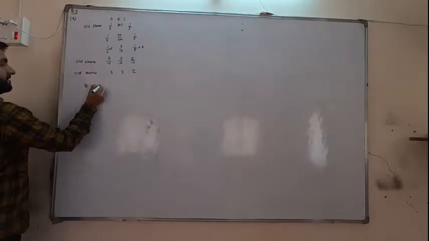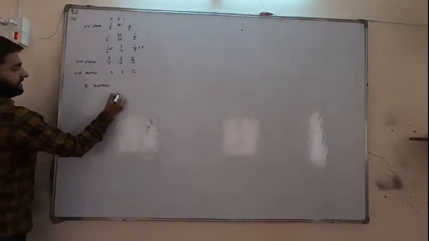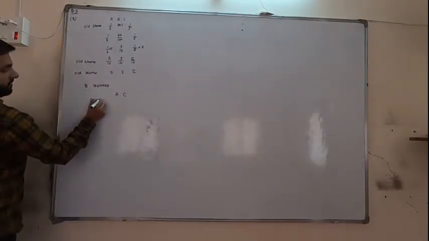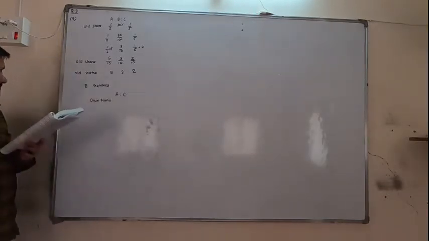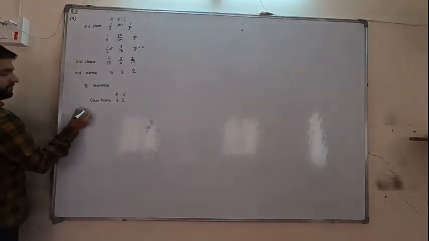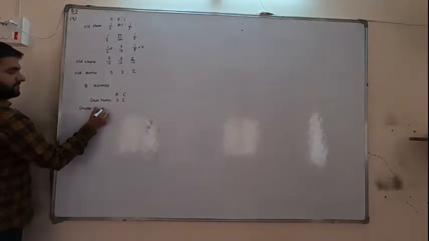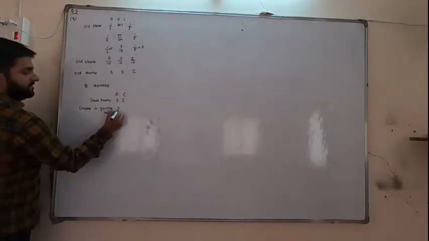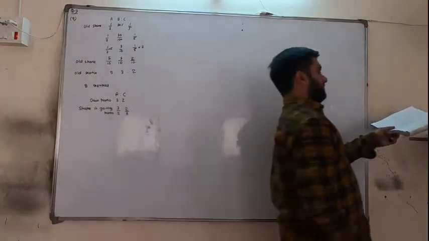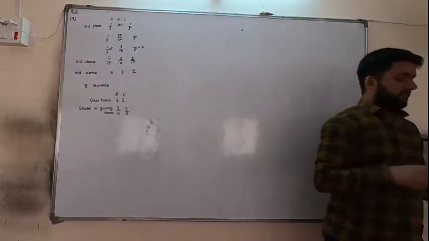Who is retiring? B. B retires. Then A and C gain ratio 3:2. So share in gaining ratio would be 3/5, 2/5. Now first we will find gaining shares.